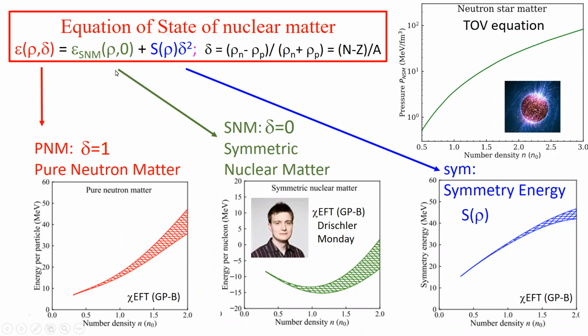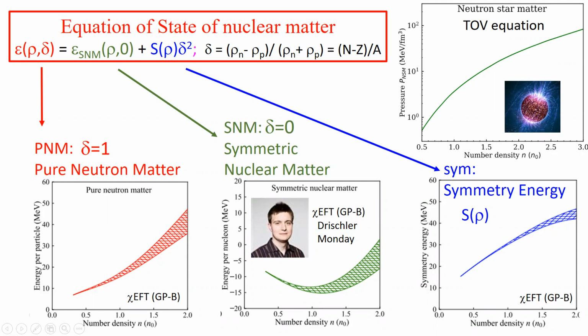One is symmetric nuclear matter, where the density of neutrons and the density of protons are equal. Then for any matter that has excess neutrons or protons, you need a second term, S(rho) delta squared, that goes with the asymmetry. The asymmetry is basically the fraction of the excess neutrons or protons. Okay, and then this is this term.